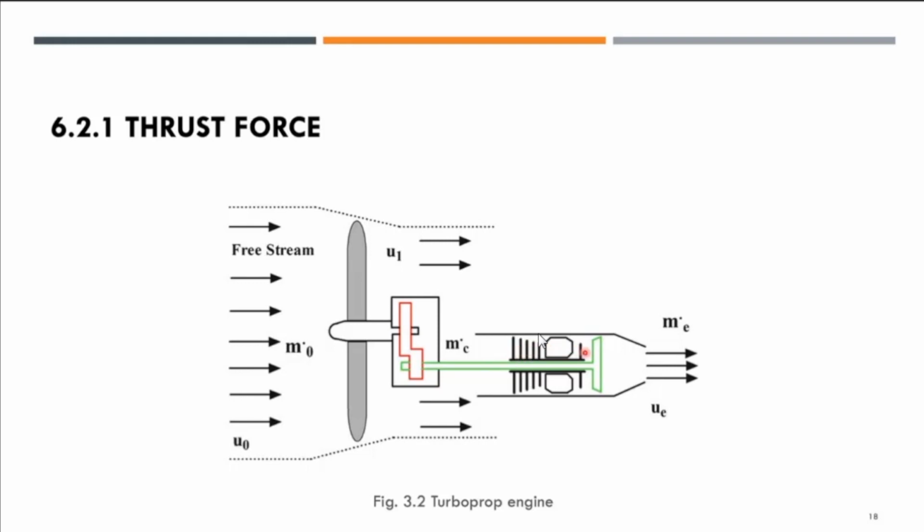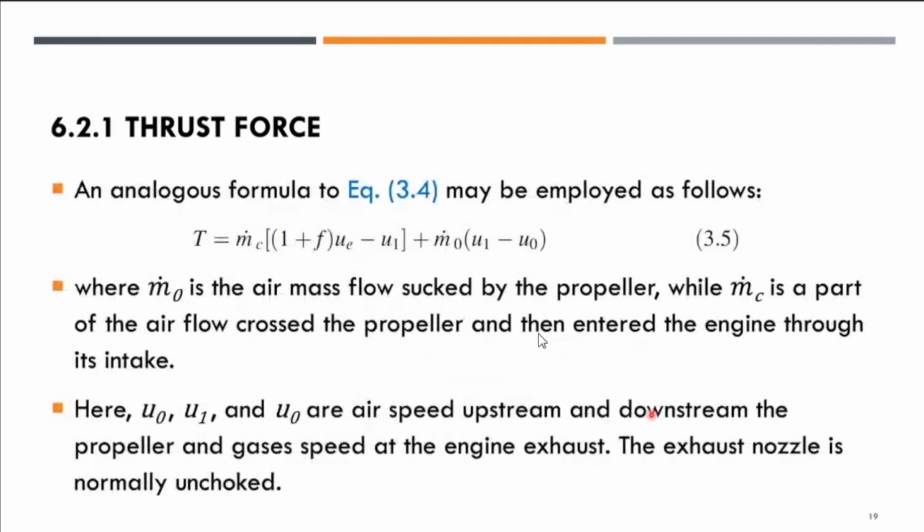Basically inside here is just like a normal turbojet. This is just connected to a big propeller fan. Okay, and then you have the mass flow at the exit and the velocity at the exit. So bear in mind, the velocity is going from u0 to u1 to ue.